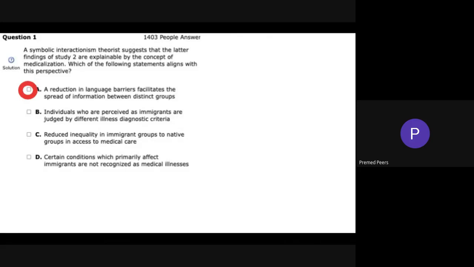So that is talking about the part where it says LEP individuals with mental disorders were less likely to self-identify a need for mental health services. So that is their inability to understand that this is a mental illness because they don't have the language or cultural capital to understand it, whereas the English proficient individuals might have that.